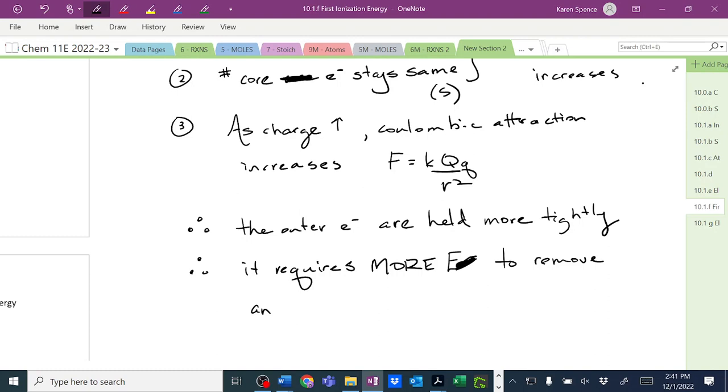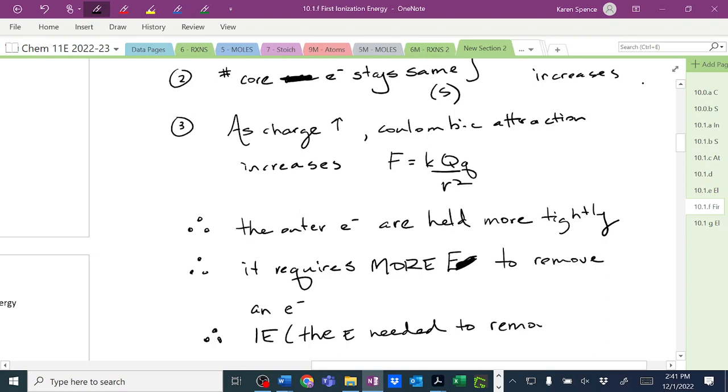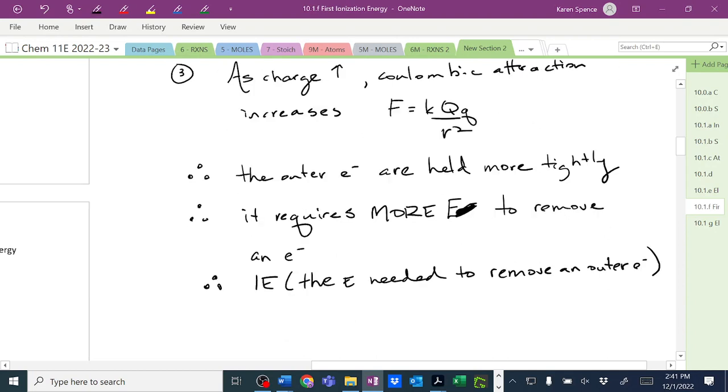It requires more energy to remove an electron. Therefore, ionization energy, the energy needed to remove an outer electron, increases. It's the same explanation over and over and over again.